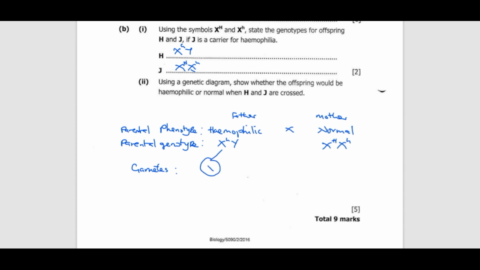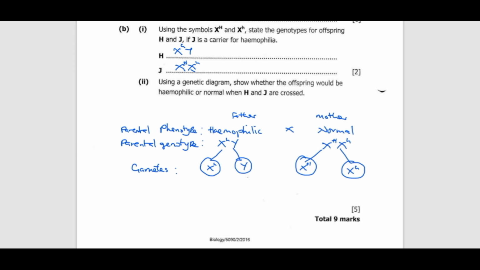So we have X^h, then we have Y there. Again we separate even this one, so we have X^H, then here we have X^h.